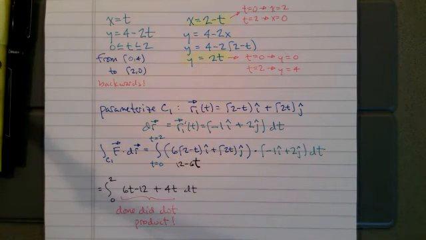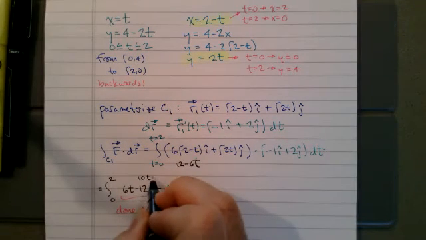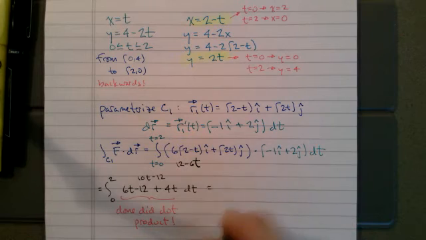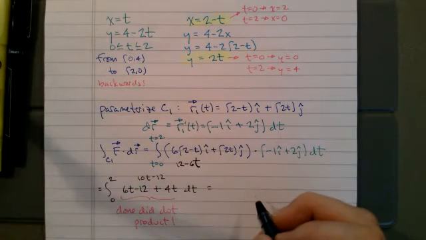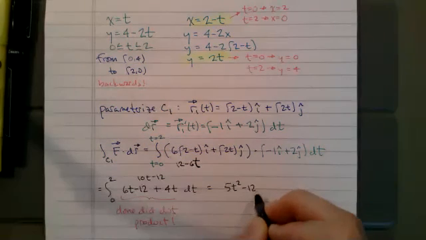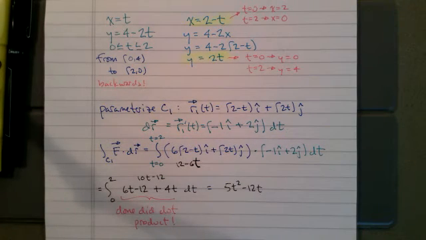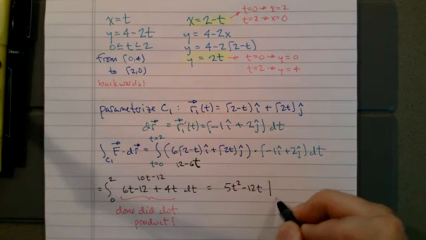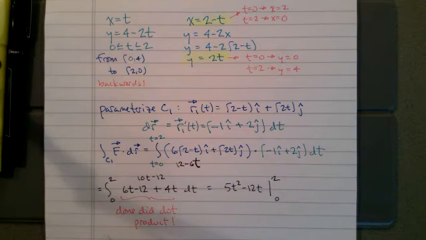There's where we did the dot product. Now we need to integrate. So we got 6t and 4t is 10t. So now we'll integrate the function. We'll get 5t squared minus 12t. And then we'll evaluate from 0 to 2.